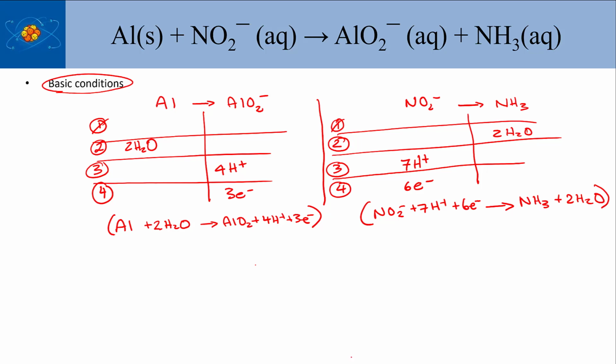In this one, you'll notice I have a 3 and I have a 6. So all I need to do is multiply the left reaction by 2, and I can leave the right reaction alone.